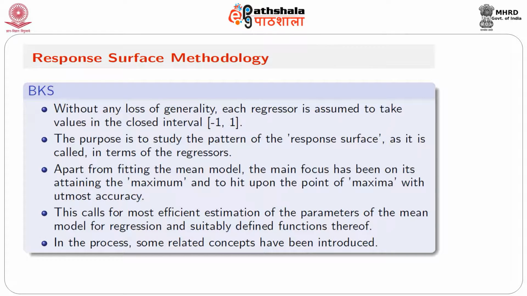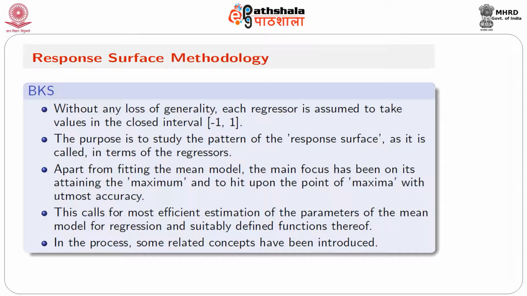So without any loss of generality, because every regressor is quantitative, we can assume that it takes values in the closed interval -1 to 1. The idea is, if any regressor x is in the closed interval a to b, then x minus a over b minus a, that is the standardized version, is between 0 and 1.